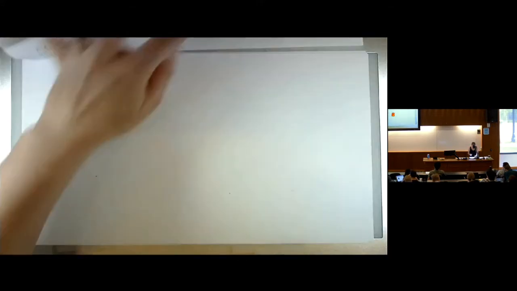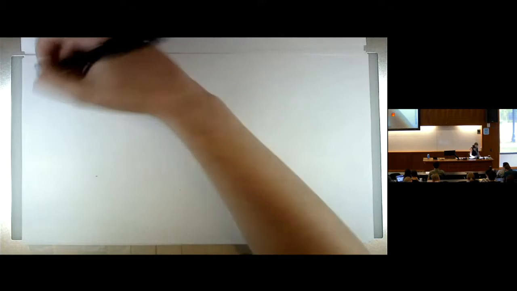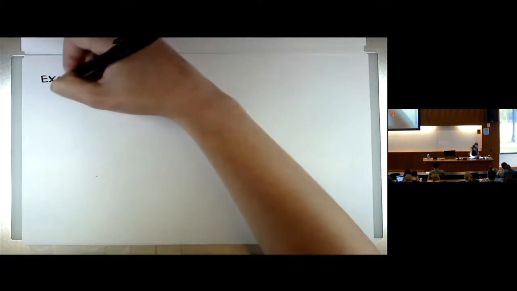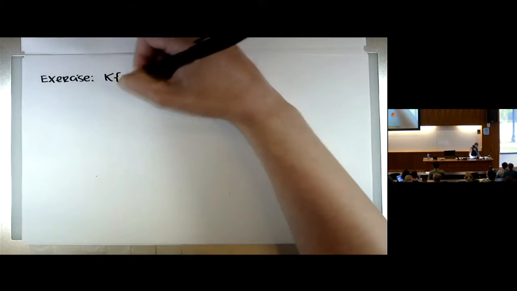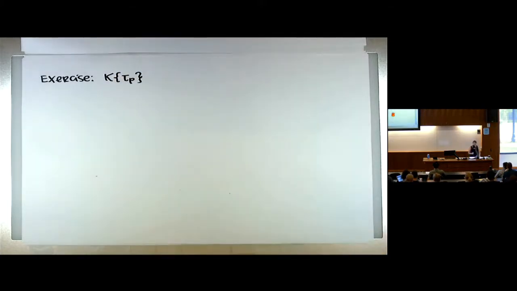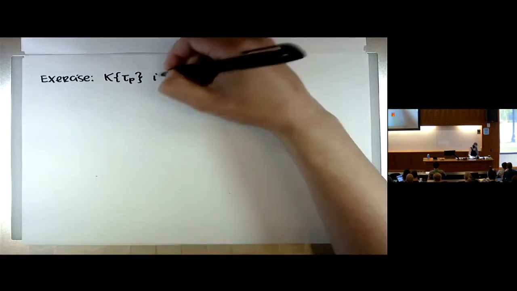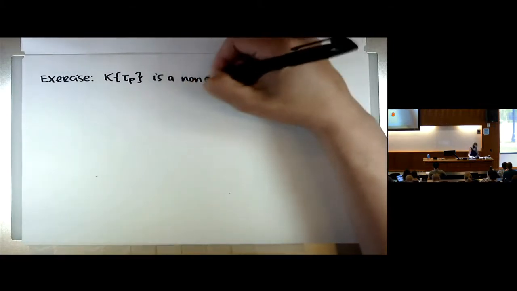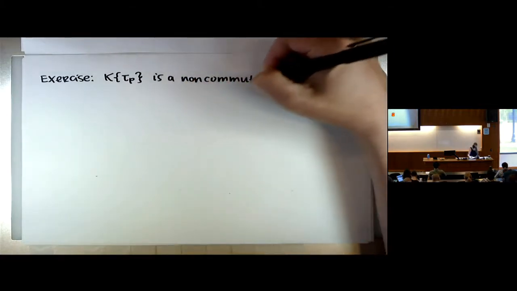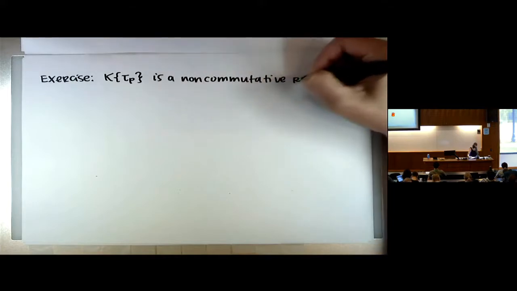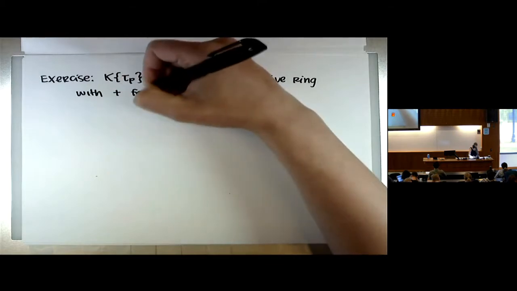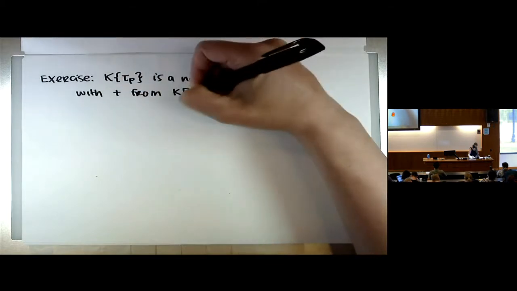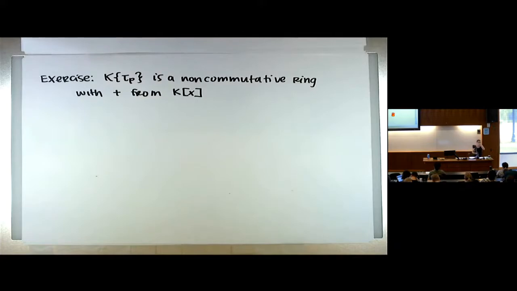Okay, and then this is an exercise. This space is a non-commutative ring, with the addition from the polynomial ring, so just like add polynomials like normal, okay?